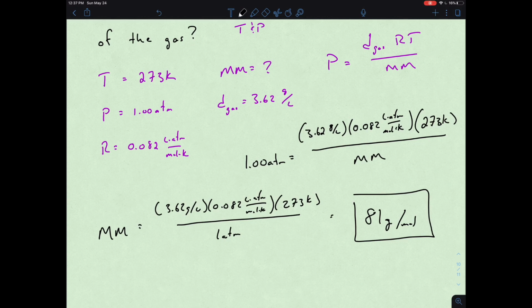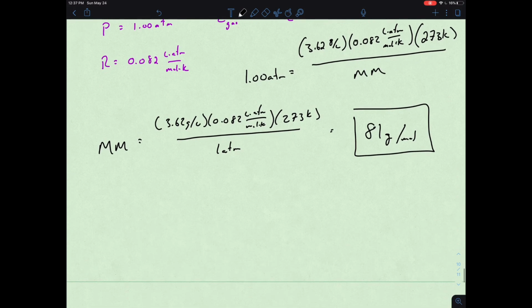So that's now using the density version of this expression to solve for molar mass. Let's do a third example before moving on to a new topic.